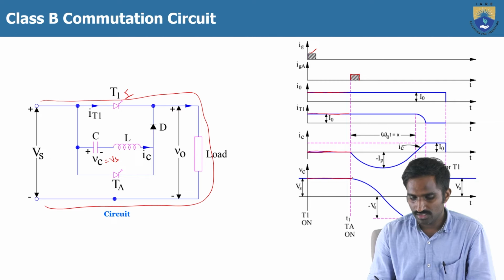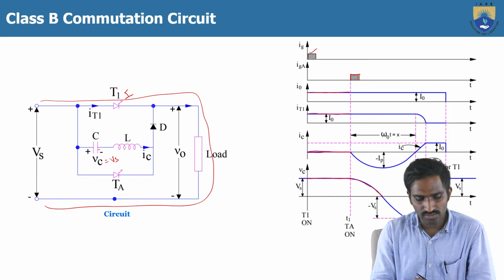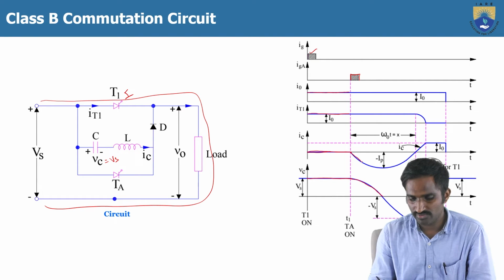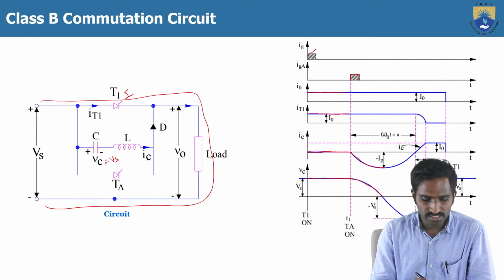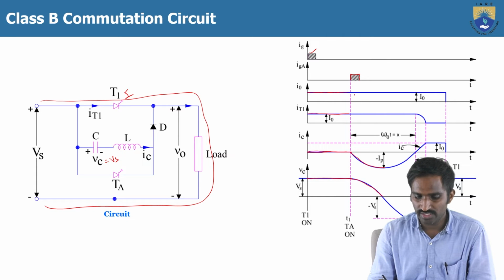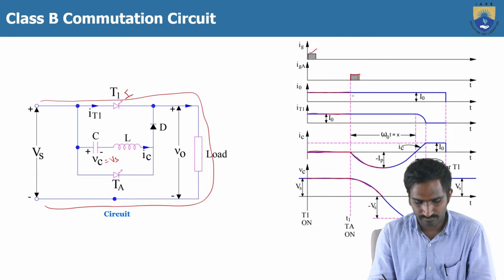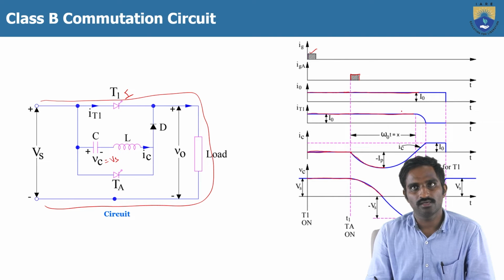The voltage is gradually decreasing and the current is also in a reverse way, so you are getting the reverse current. Because the thyristor T1 is still in the turned on position, we get the load current constant, and IT1 is still in the turn on position, so the current flows through the thyristor T1 also.